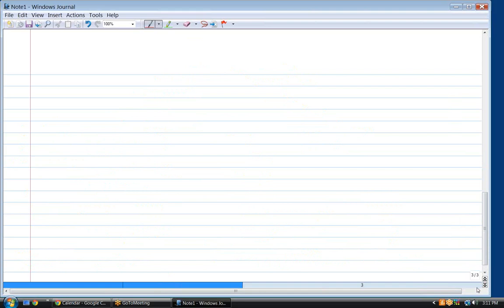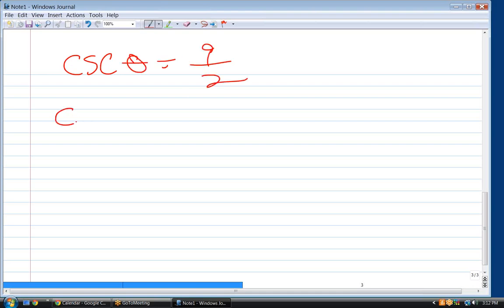Okay. What else? If cosecant of theta is 9 over 2, then cotangent of theta is... Whenever you get problems like this, it's the quintessential trig problem, where they give you one trig function and they want you to come up with the other 5.